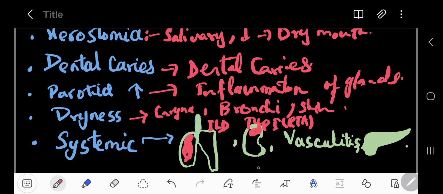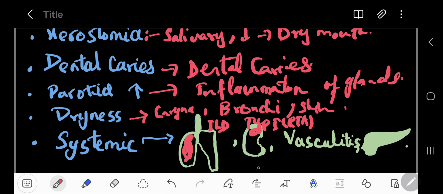If you want to diagnose, this disease can be diagnosed clinically, but you will do some labs. On CBC you will see decreased HB and decreased WBC count, that is leukopenia. Furthermore, you will do RA factor.